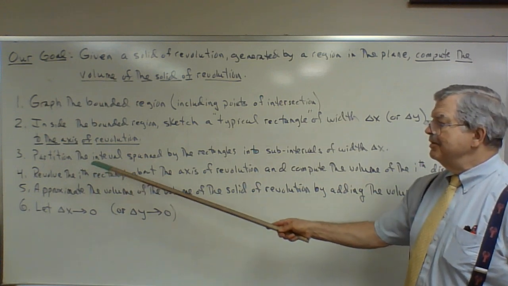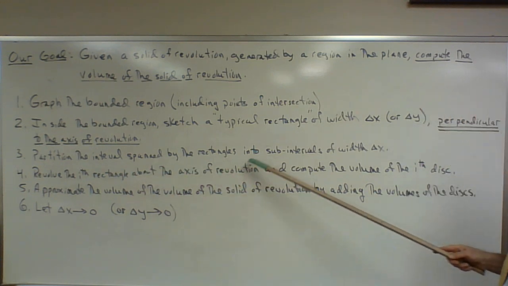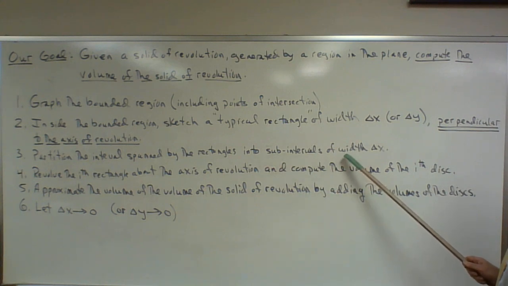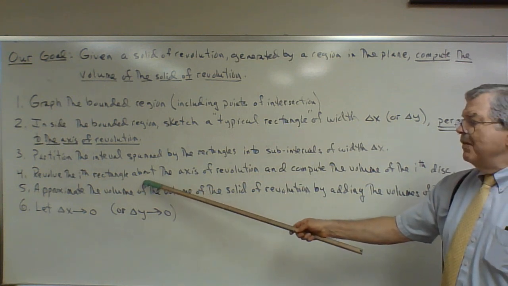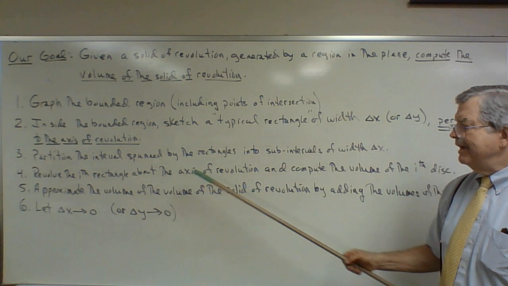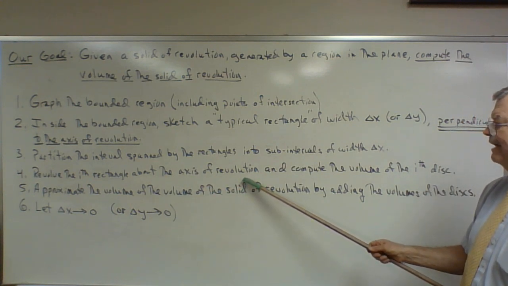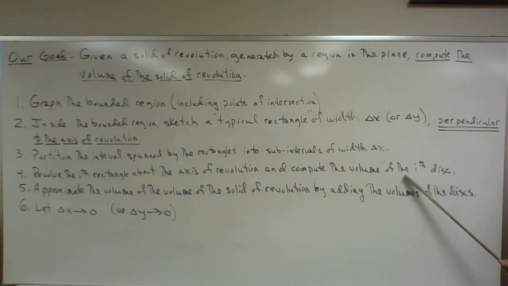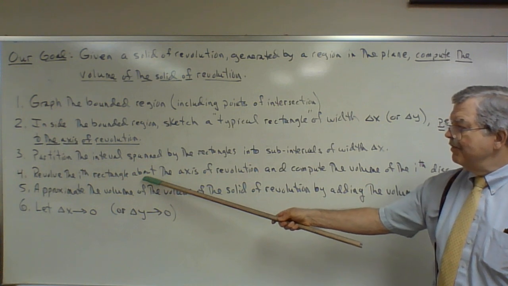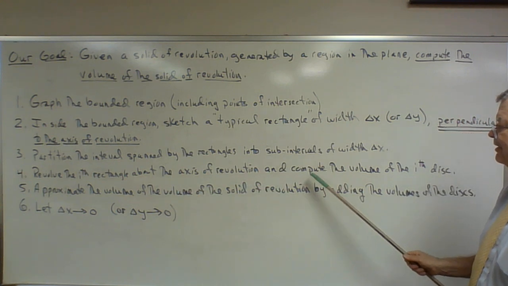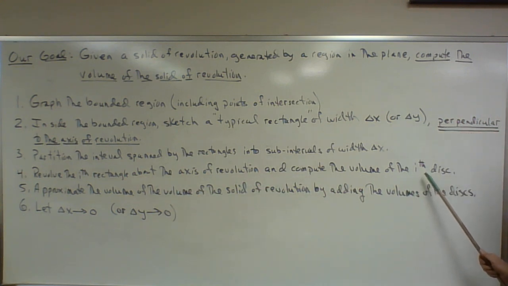Next step, we're going to partition the interval spanned by the rectangles into subintervals of width delta x. And we revolve the ith rectangle about the axis of revolution and compute the volume of that ith disk. So we take the ith rectangle and revolve it about the axis of revolution, and that generates a disk. We compute its volume.